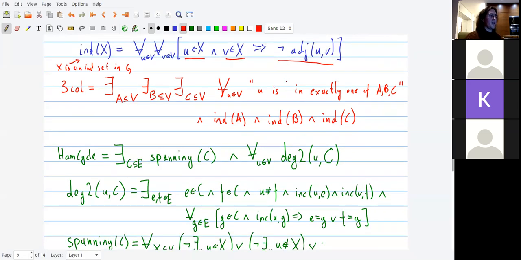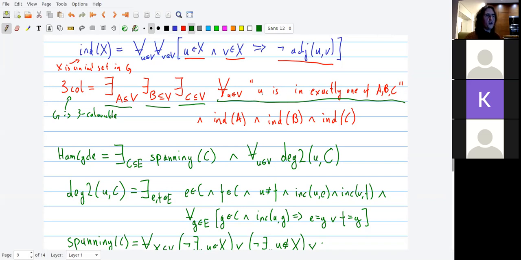Next I can write a formula saying that a given graph G is 3-colorable. How would I say this? I would say that there exist 3 subsets of vertices, A, B, and C, such that every vertex is in exactly one of them. I did not write this formula fully, but you can think how I would write that U is in exactly one of them.